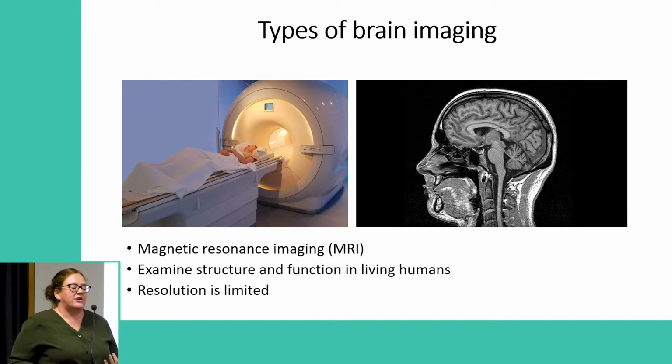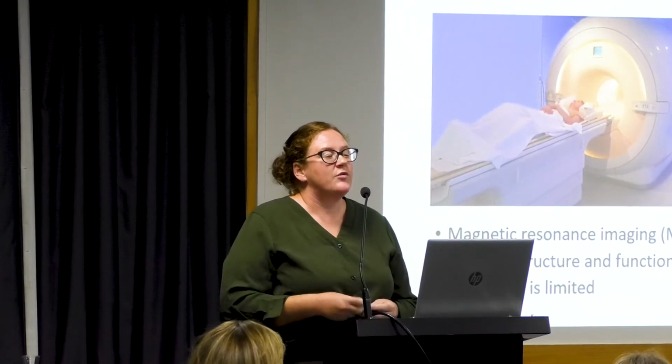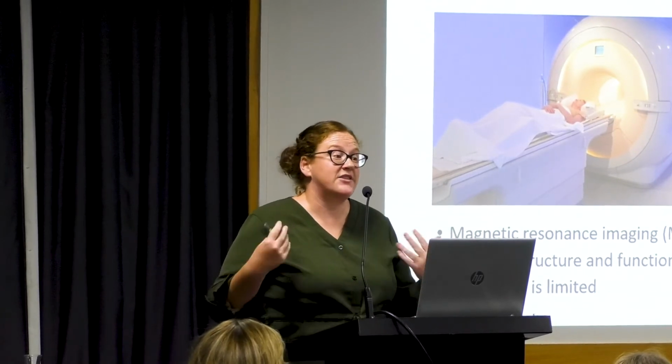This technique is really cool for looking at structure, but it also can be used for looking at brain activity. Sometimes when people get put inside the scanner, they're told to do different things. Maybe they listen to music, or they're shown some different photos of different things. And then what you can do is record the blood flow changes that result from that stimulation.